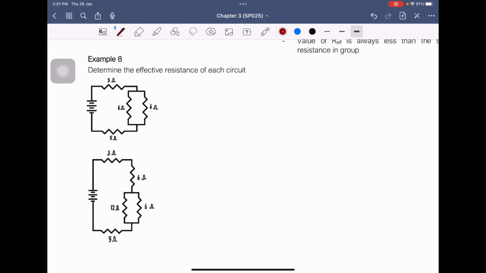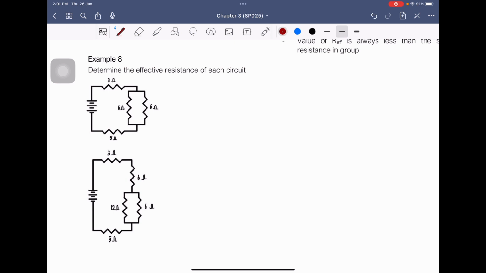So remember, we have to reduce it until only two resistors are left. So we will solve this one first, then this one. Okay, alright, so the effective resistance for this one is gonna be equal to, I don't know if you will be able to understand if I do it like this.